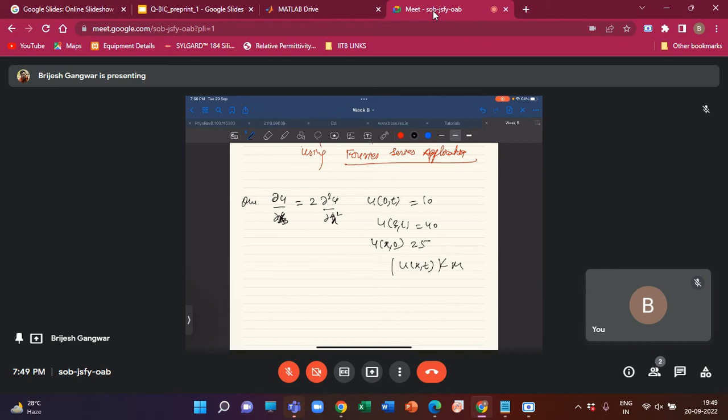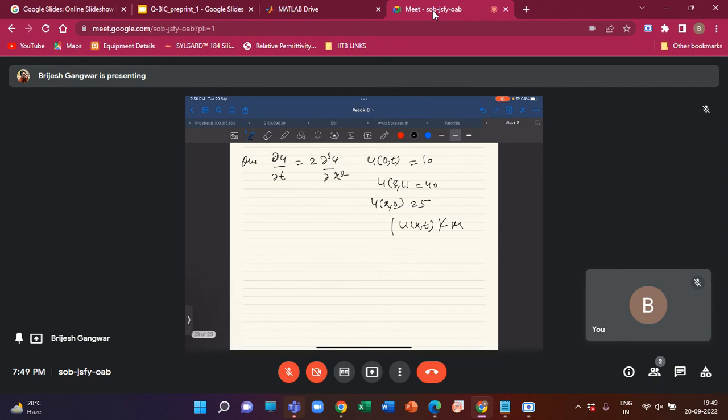Okay, we write here this is the derivative of t and here is derivative of space. So space and time both derivatives are there, and this is one problem.